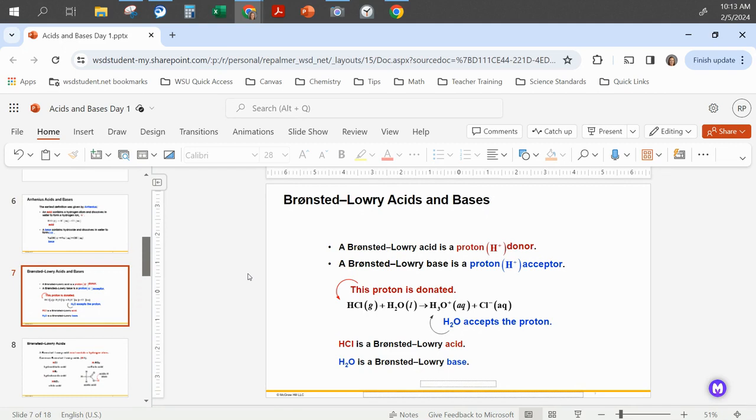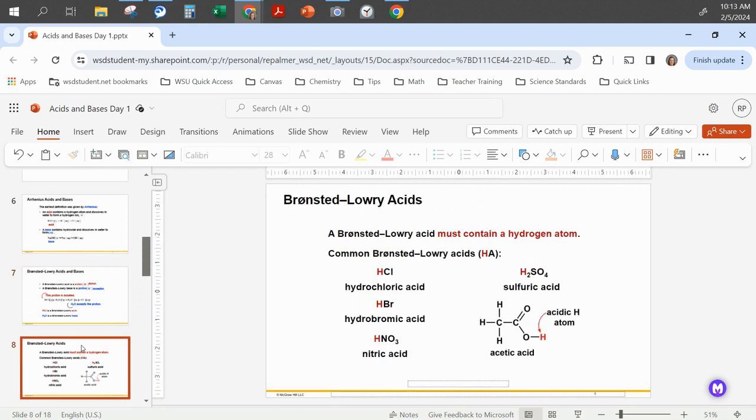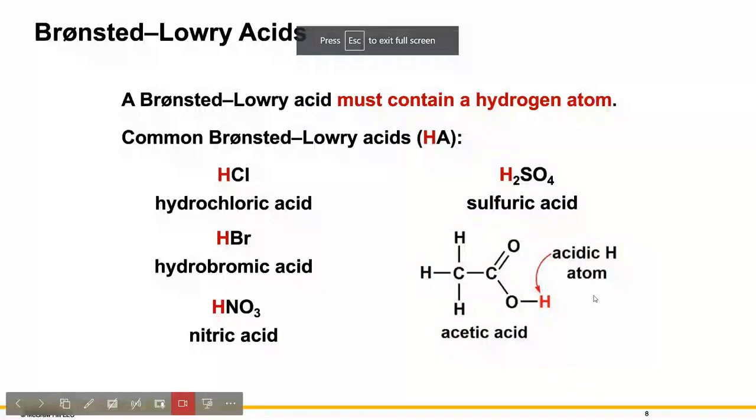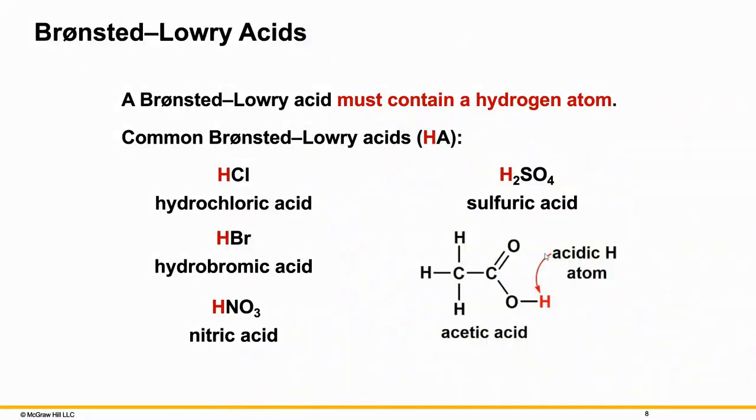Okay, so we have a few definitions of a Bronsted-Lowry acid or base. A Bronsted-Lowry acid is something that can give away a hydrogen ion. So all of these things can give away a hydrogen.